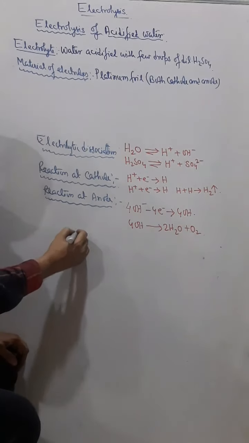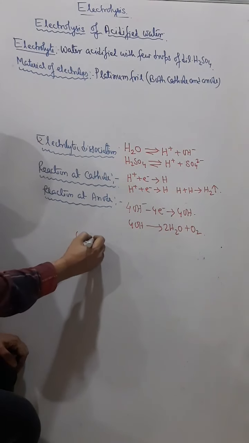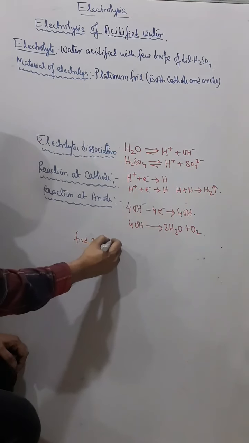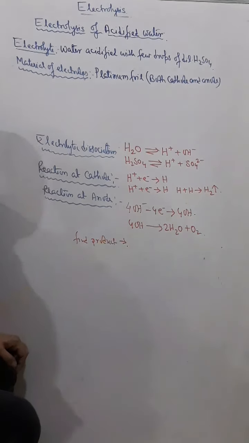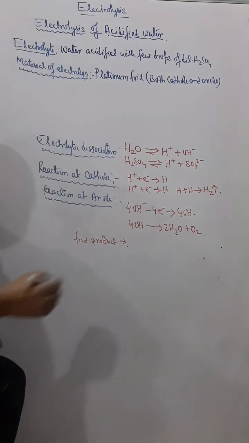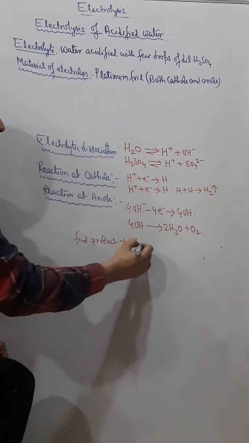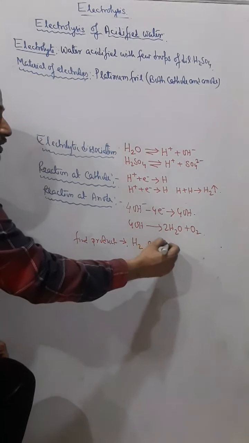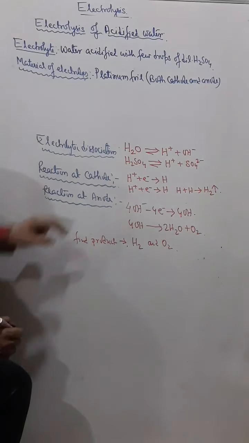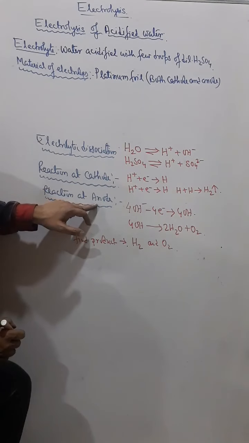So we can say the final products are hydrogen and oxygen. So hydrogen we are getting at the cathode and oxygen at the anode.